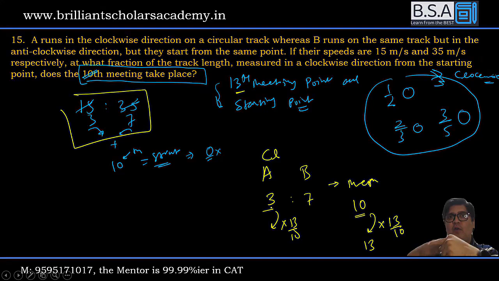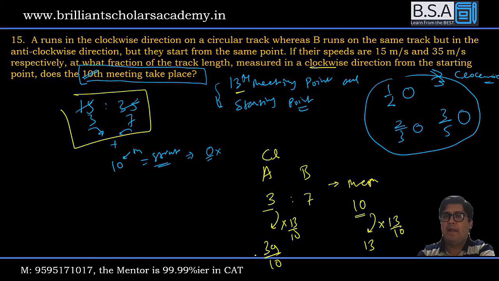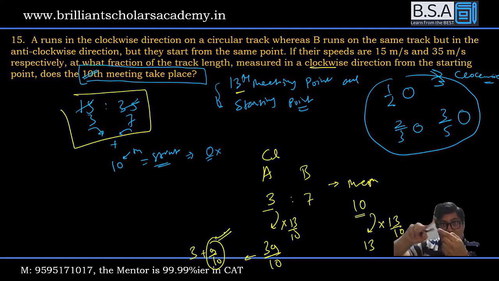We have to measure clockwise, so focus on A. So 39 by 10. What that means is 3 complete circles and what more? 9/10 of a circle. 9/10 of a circle he will travel more. That is your answer. In the clockwise direction they will meet at 9/10 of the circle.